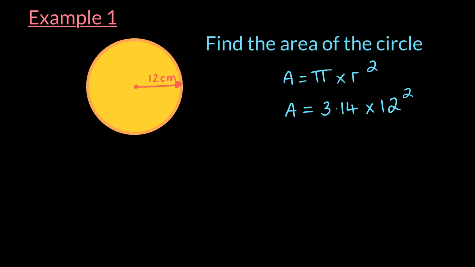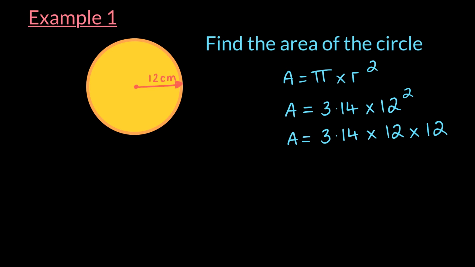So you would just do this in your calculator. When you type that in, make sure that you are doing 3.14 times 12 squared and not doing 3.14 times 12 and then squaring the answer. You might find it easier to type into your calculator 3.14 times 12 times 12 if you're using, say, a calculator on your phone or a calculator where the squared button is quite difficult to use if it's not a proper scientific one.